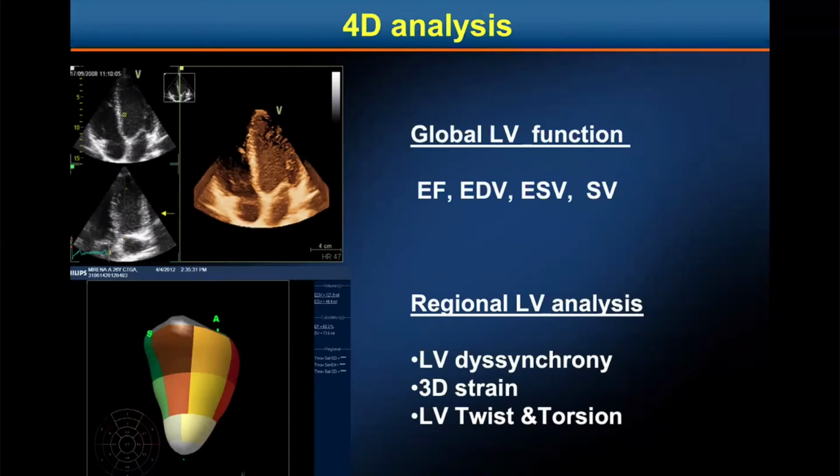With the 4D analysis of the left ventricle, it's possible to have, from only one cycle, the ejection fraction, diastolic volume and systolic volume, stroke volume, and regional volume analysis, which can be used for the assessment of left ventricle desynchrony, 3D strain, left ventricle twist and torsion.